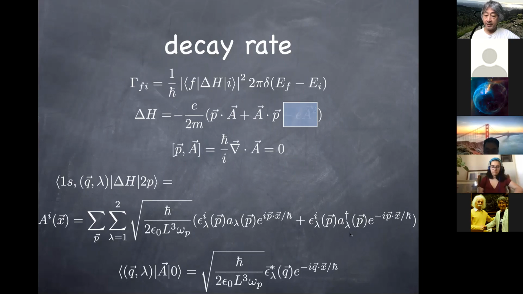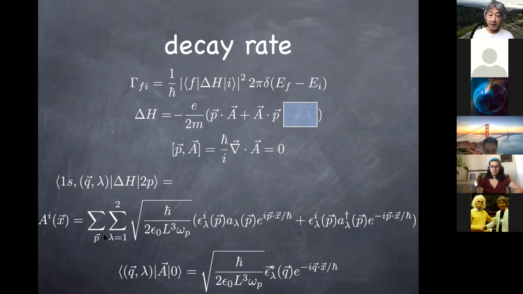This A lambda dagger creates a particular photon with momentum P and polarization lambda. So the only piece that survives in this matrix element is when I pick P and lambda to be the same as the photon you have in the final state.